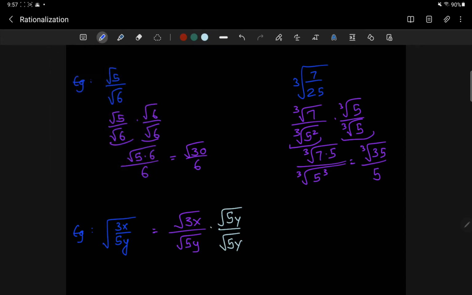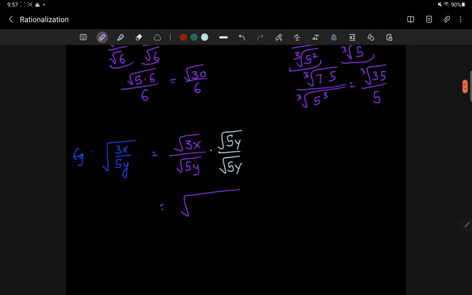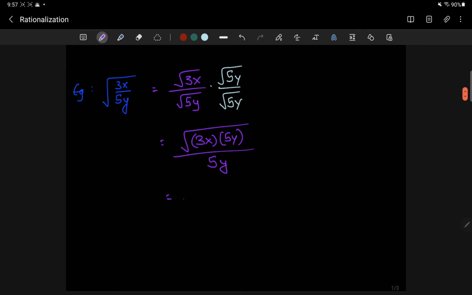Once I do that, on the top that just becomes square root of 3x times 5y, and on the denominator, the entire goal was to rewrite the denominator as a rational number, and when I take the square root of the same thing multiplied by itself, it just becomes 5y, which consequently becomes root 15xy in the numerator divided by 5y in the denominator.